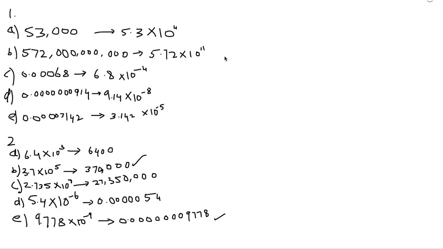Now we're going to find the following sums. Add them up. These are addition problems. 3.2 times 10 to the power 4 plus 5.2 times 10 to the power 4.